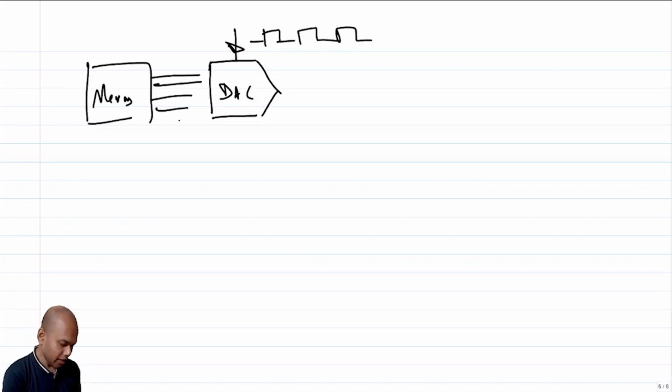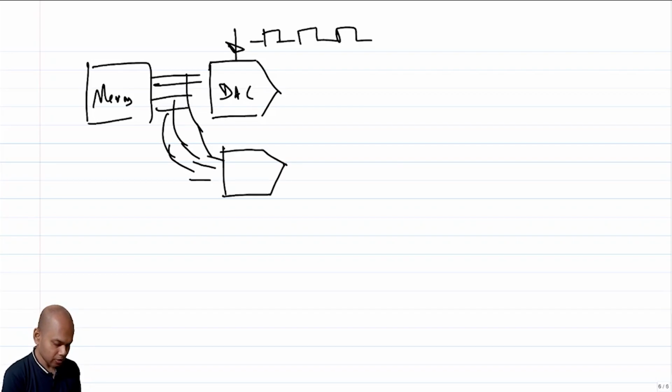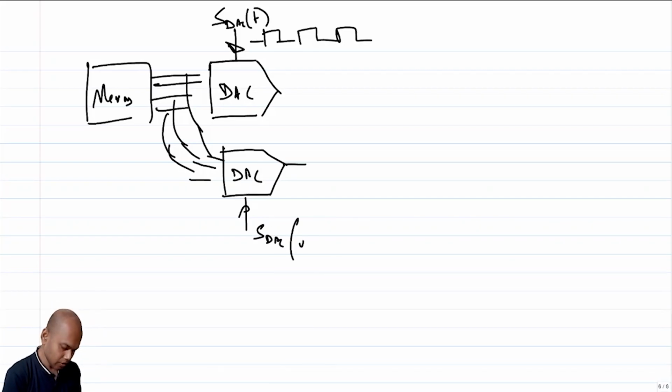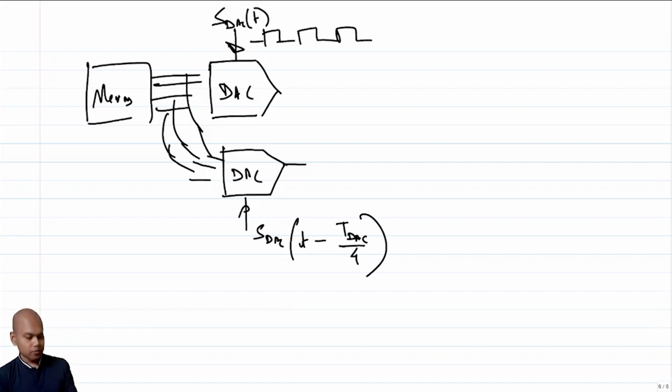So you take the same bits and pass it through another DAC, which is clocked. If this is S DAC of t, you make sure that this is S DAC of t minus T DAC by 4, or whatever, right? So essentially I need a quarter cycle delay.